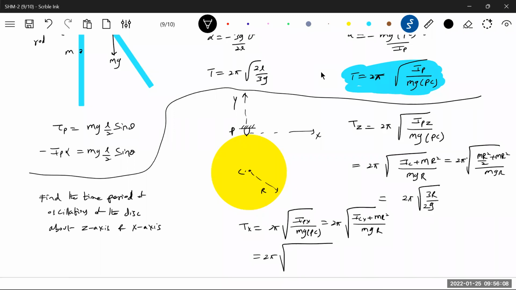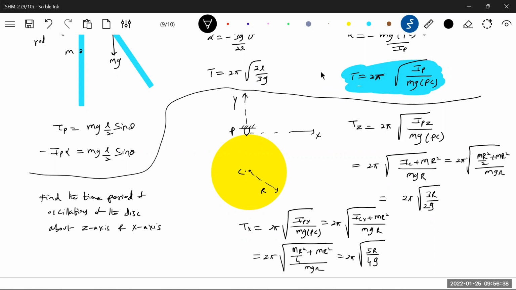What is Icx? Moment of inertia of the disk about a diameter. This one should be equal to mr square by 4, plus m into this one, about any diameter, plus mr square. This will be root of 5r by 4g.